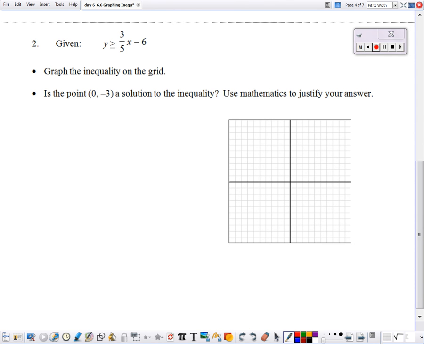Now for number 2, again, y is already by itself. That's really good. That makes it easier. I'm going to start at -6. I'm going to go up 3 and over 5. Because it's or equals, I'm going to connect my dots with a straight line, not dotted.